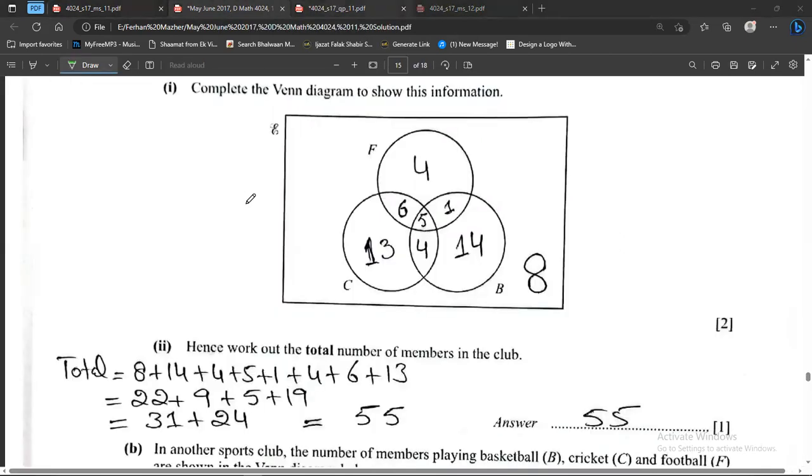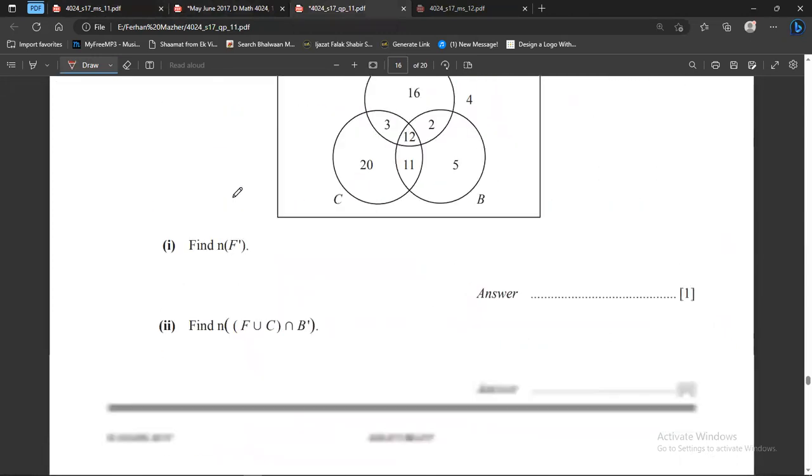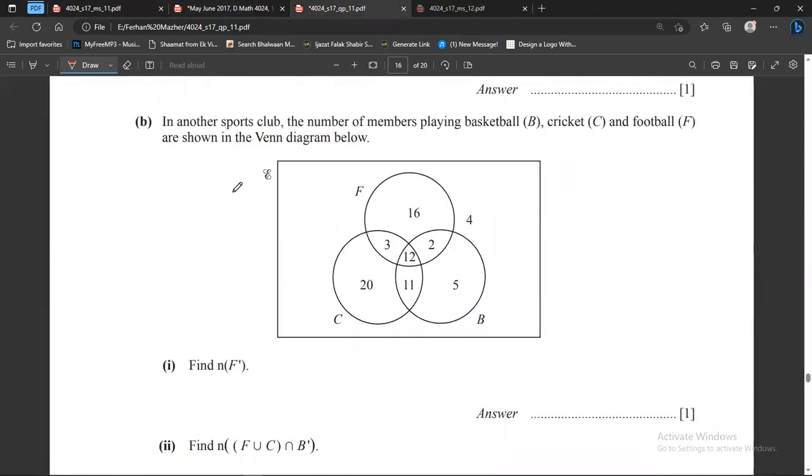Then we have another question, and that's the B part. In another sports club, the number of members playing basketball, cricket, and football are shown in the Venn diagram below. Find n, the number of members in the F complement.